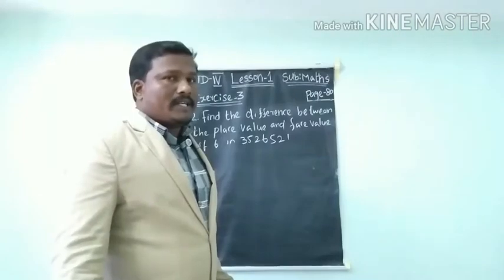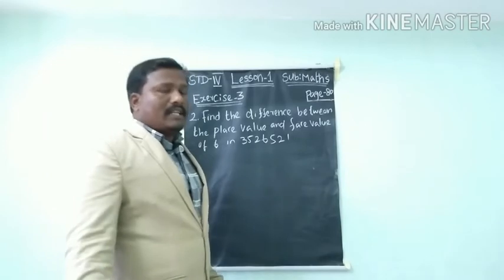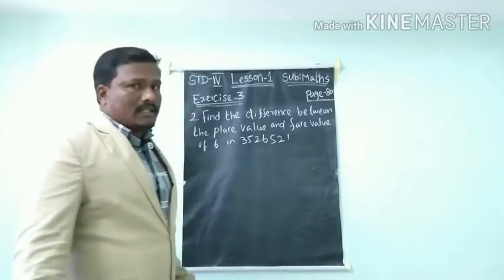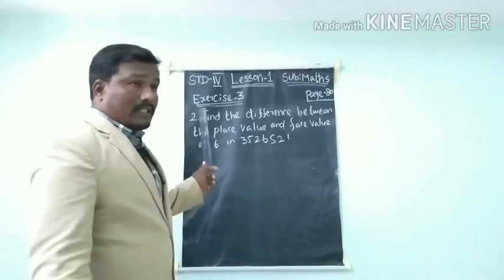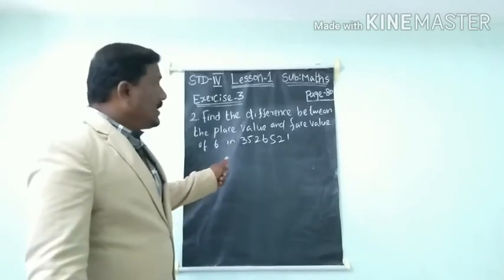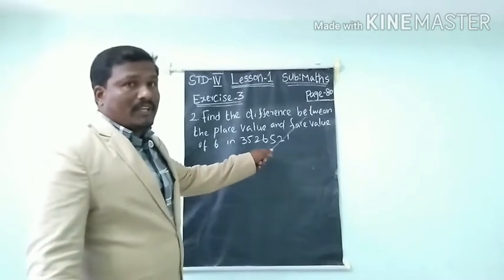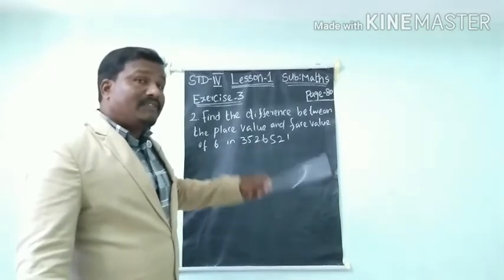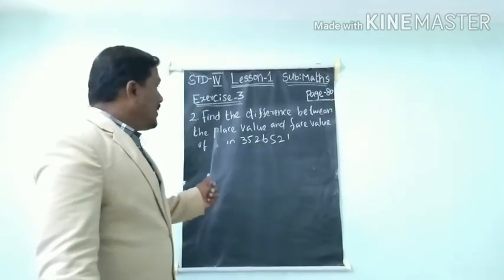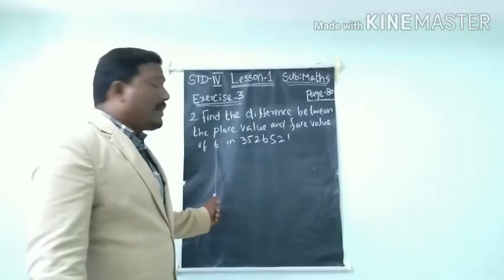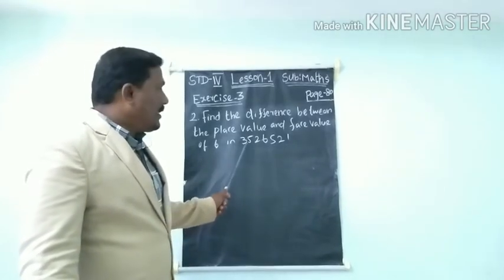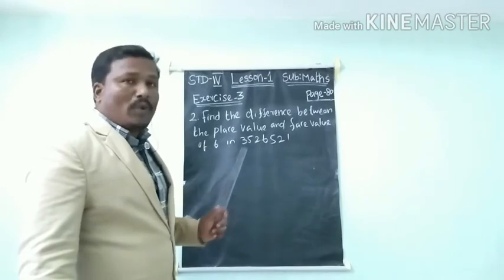Okay. Hello students. Now we will see another sum. It's an important sum, so listen carefully. The question is: find the difference between the place value and face value of the digit 6 in the number 3526521.